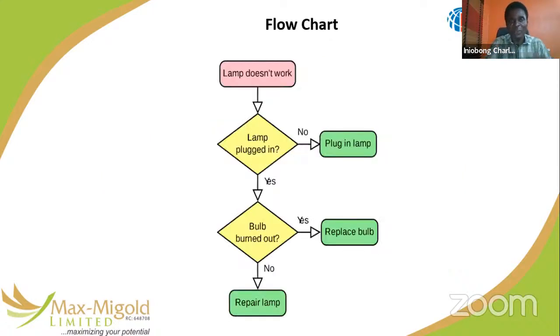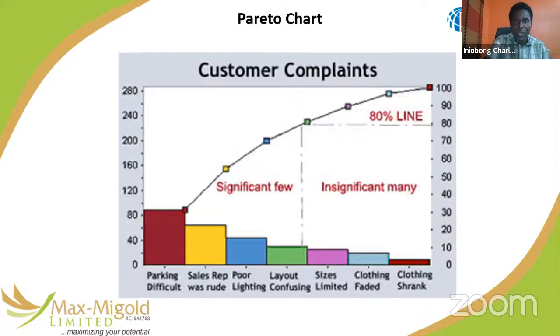All right, then we have the flow chart. A flow chart helps you to show the workflow from the start to the end. In fact, flow chart is very important, where you can easily show at what point you get approvals to carry out a job. It also shows you how you can carry out a job from start to finish. All right, we also have the Pareto chart.